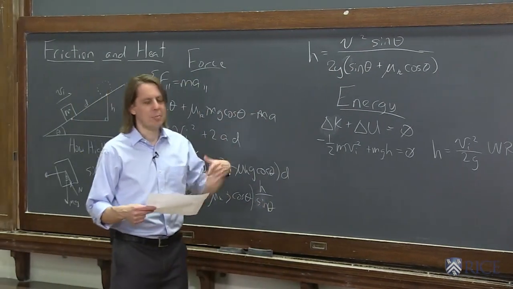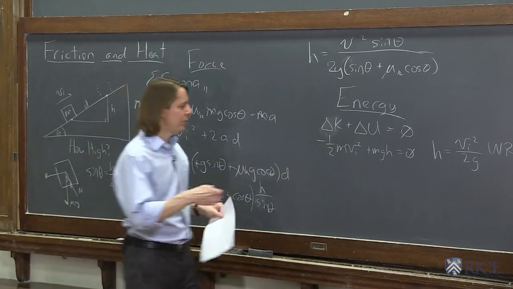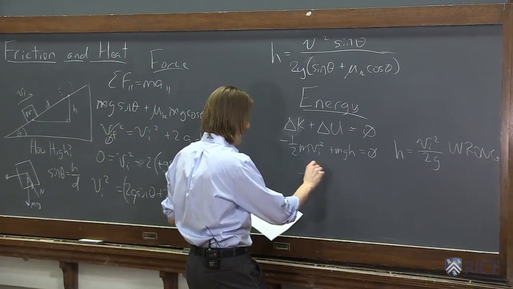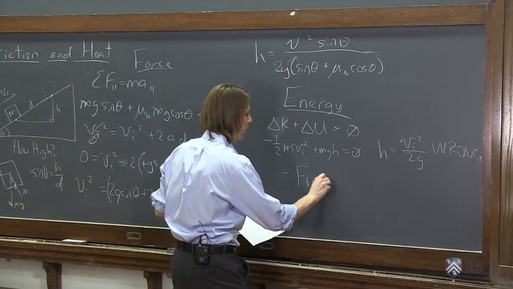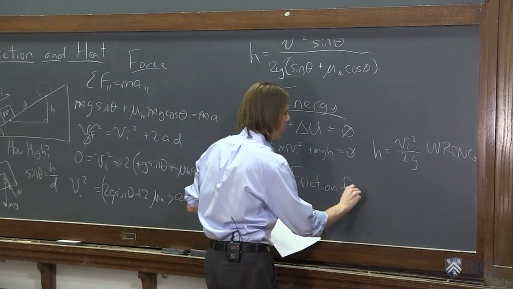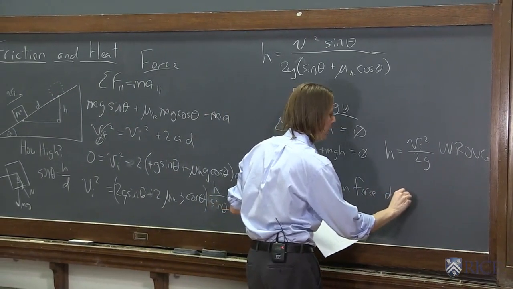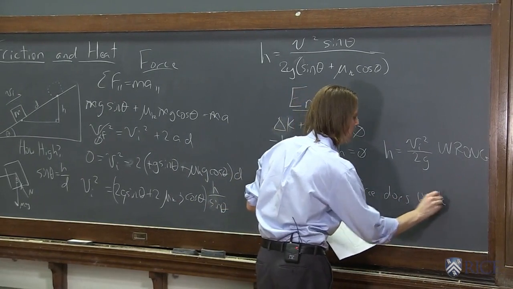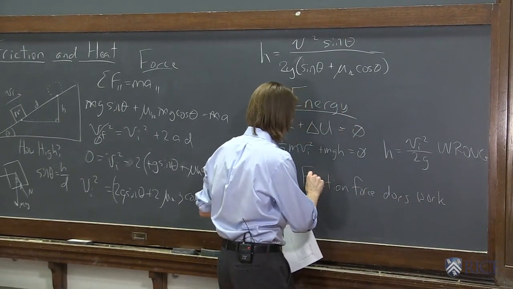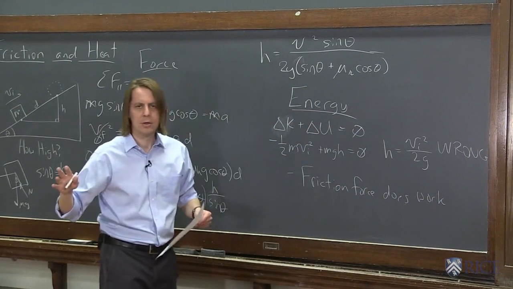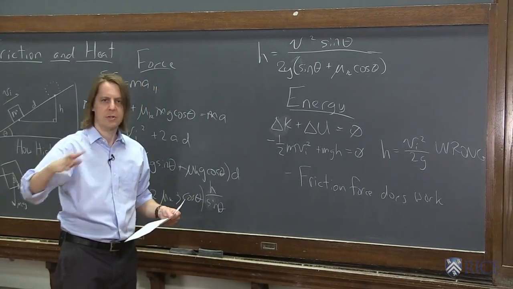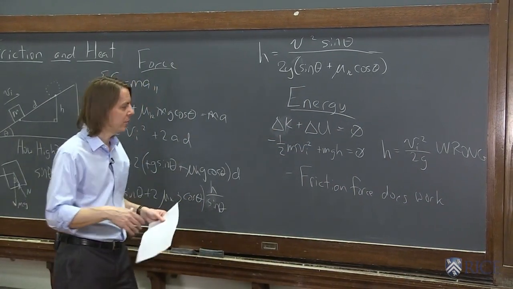So to do the energy part properly, we have to consider two things. One is that the friction force does work, if you want to think of it that way. And there's no reason it wouldn't. It's a force being applied to the block, and it's along the direction of the displacement of the block, so it's going to do work.